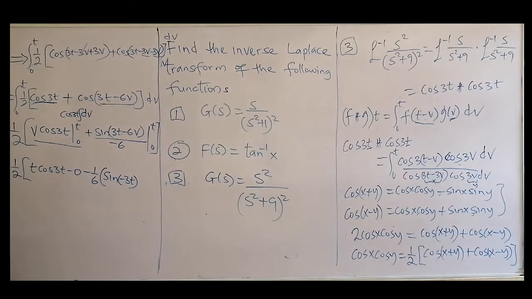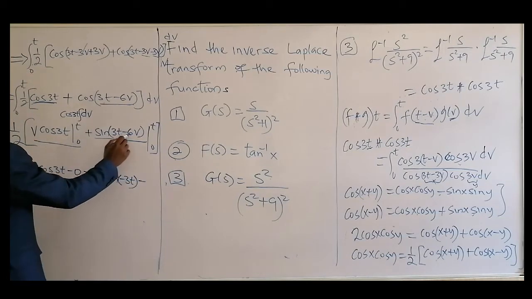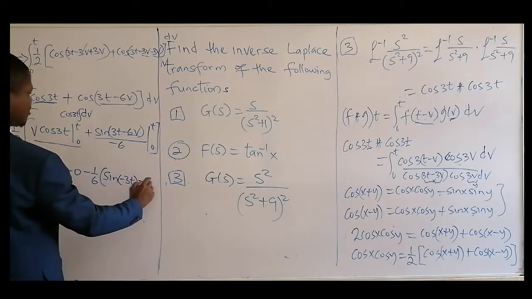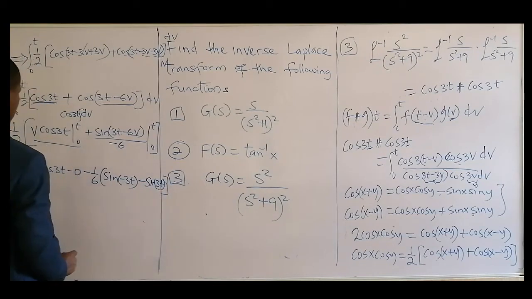Then minus the lower limit, put 0 here, that's sine 3t. Then close the brackets.